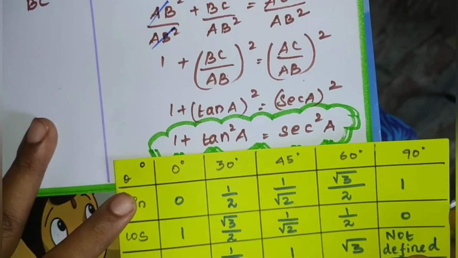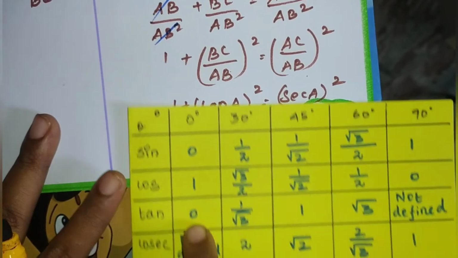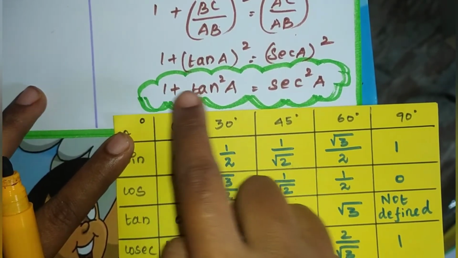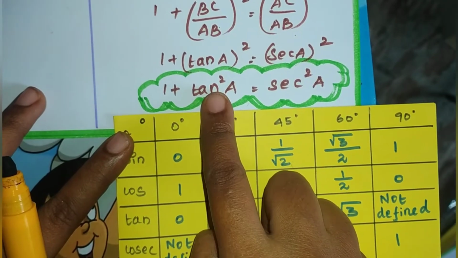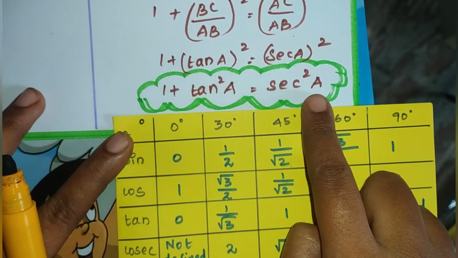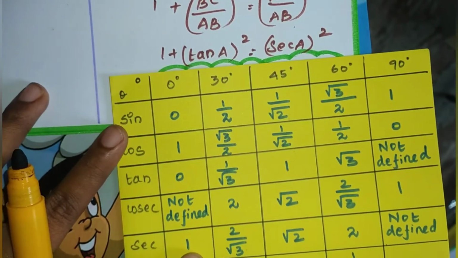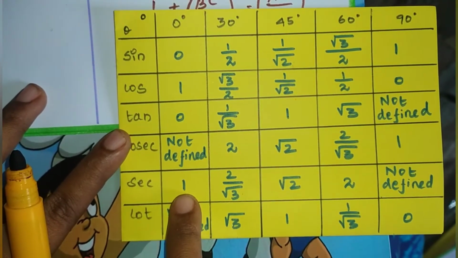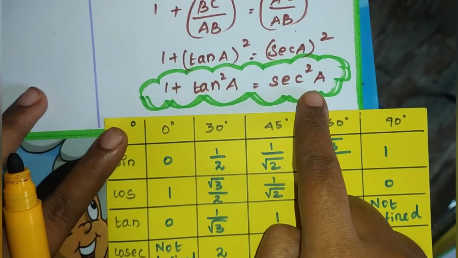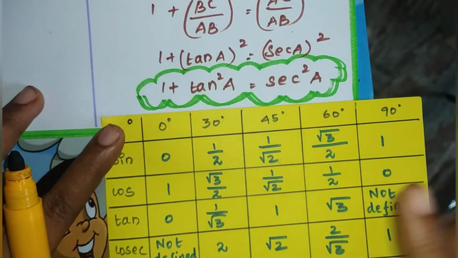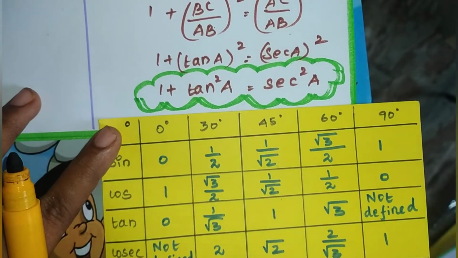Tan 0 degree is what? 0. So 1 plus 0 is 1. And secant 0 degree, what is secant 0 degree? Here it is 1. So 1 is equal to 1. So this is true for 0 degree.